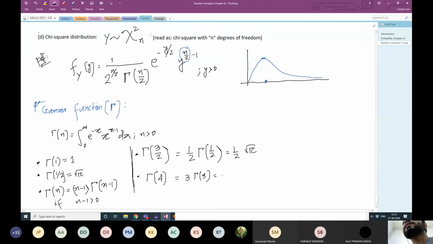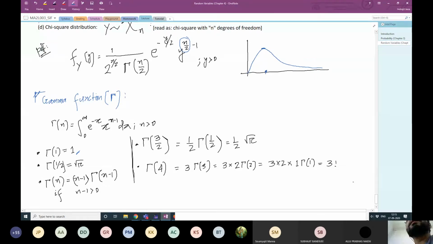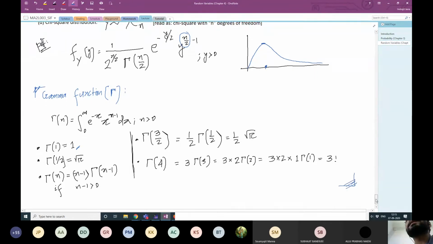Recursively, gamma 3 can also be written as 2 times gamma 2, which is 2 times 1 times gamma 1, and gamma 1 is 1. So this is going to be simply 3 factorial, and so on. So just to give you one illustration of the gamma function. Okay. So this is about the chi-square distribution.